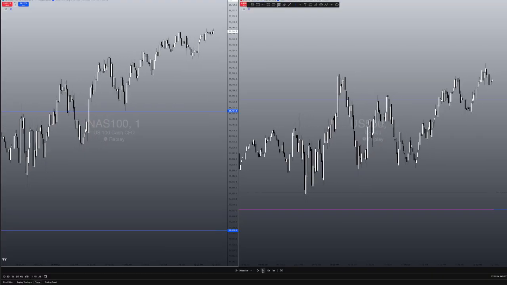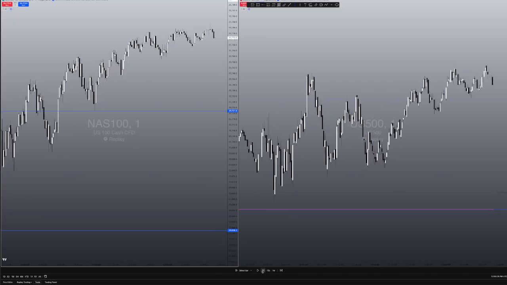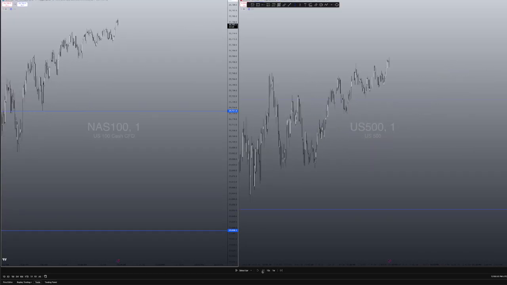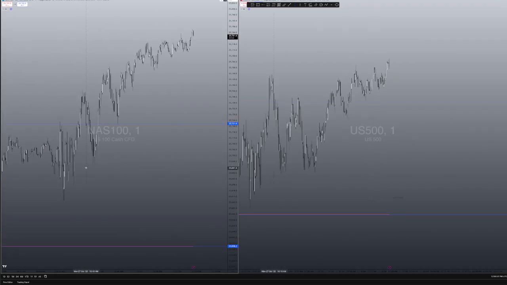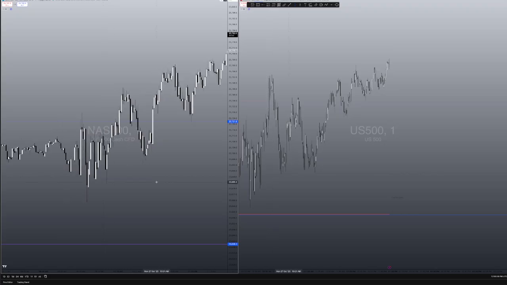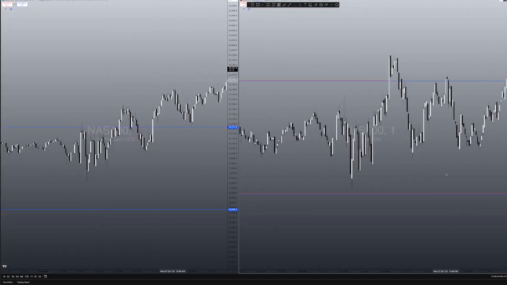So let's see what ends up happening, at least until the morning session. As you can see, this morning we started a little bit off, so it took a little bit before the market actually settled. And that is just one way you can avoid getting into a choppy market.